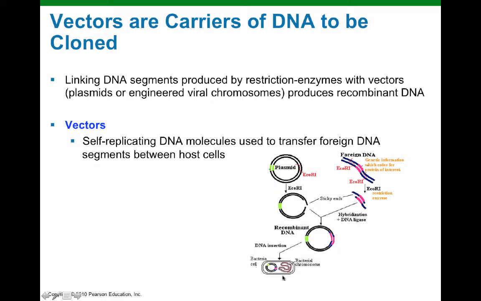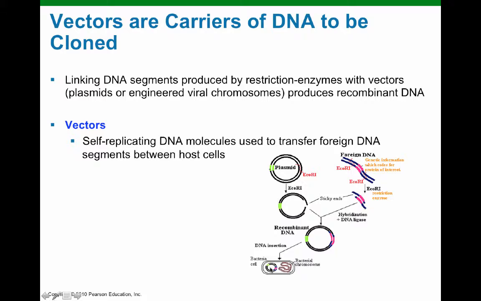So here's our bacterial cell. Here's the native chromosome that cell needs to thrive. So it requires it. It's an essential piece of DNA. But we could also manipulate a completely different piece of DNA, this plasmid, reintroduce it, and the bacterial cell will actually treat that plasmid like it's its own native chromosome.